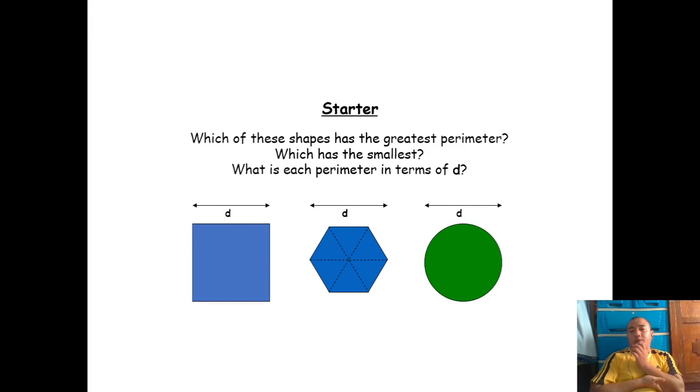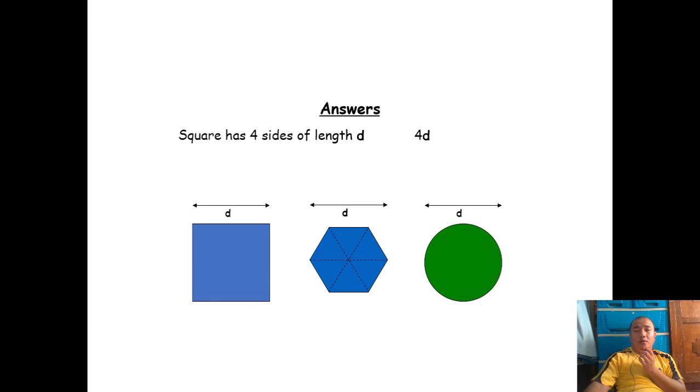Now, which of these shapes has the greatest perimeter? What is each perimeter in terms of d? For the square, the perimeter is just 4d. The square has 4 sides of length d, so its perimeter is 4d. The hexagon has 6 sides of 1/2 d, so 1/2 d times 6 is 3d.